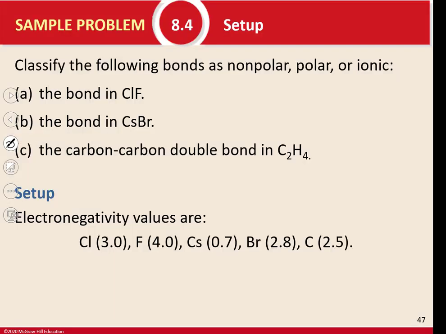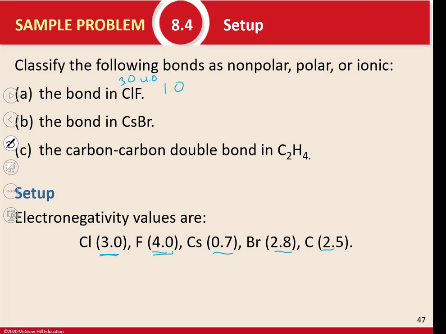So let's look at these. Classify the following bonds as nonpolar, polar, or ionic, given these values from that table we just saw. So ClF, the bond between chlorine and fluorine. Chlorine has an electronegativity value of 3.0, and fluorine is 4.0. So what is the difference in their electronegativities? 1.